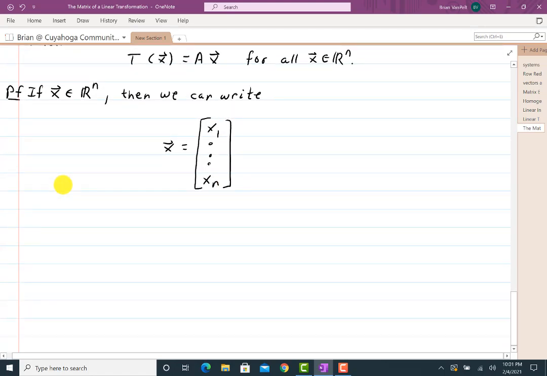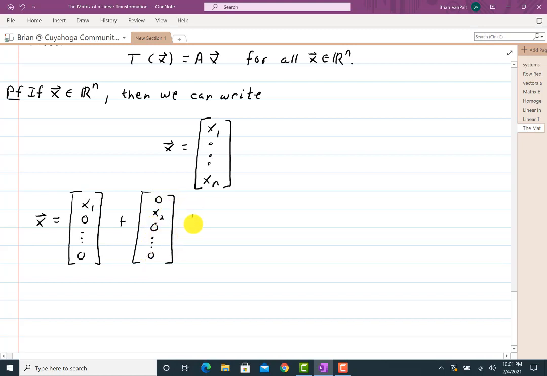And then we can write x equal to, just like I did before, x1 and then all zeros after it, plus 0, x2 and then all zeros after that, all the way until we get to the end where we have zeros until we get to one final xn.